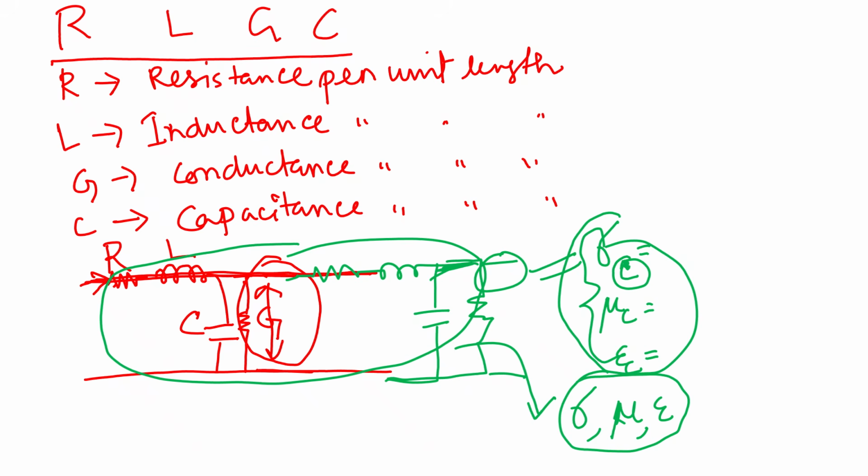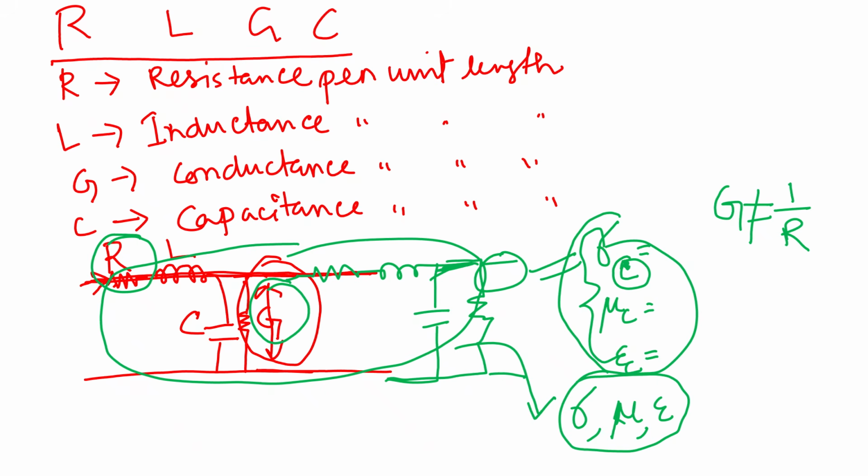Also, another point that we need to keep in mind is that here this G is not equal to 1 by R. Here you can see this R is the property of the transmission line, whereas G is the property of the insulating medium which is separating the two transmission lines.